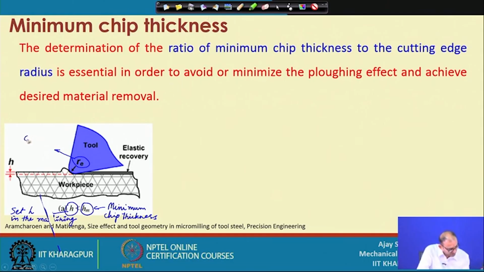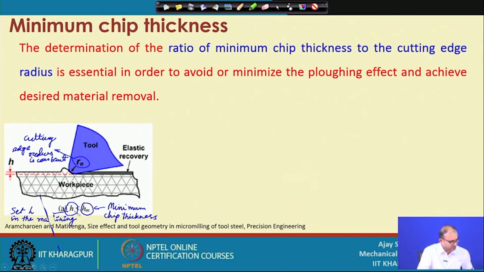So, we are continuously changing this H. Ultimately, if you change one of these parameters, RE or H, you get a different ratio of the uncut chip thickness.